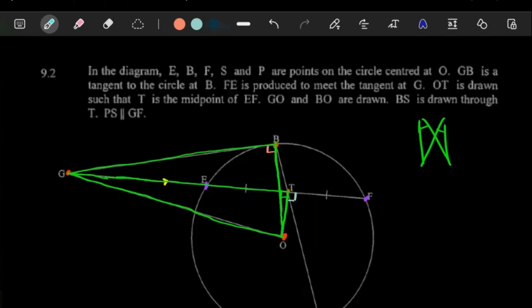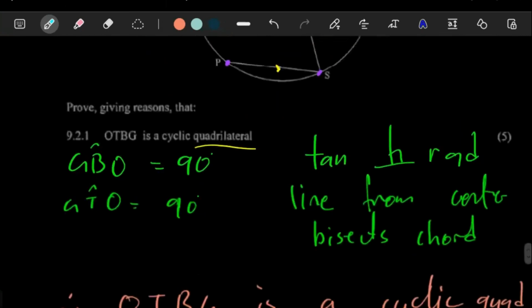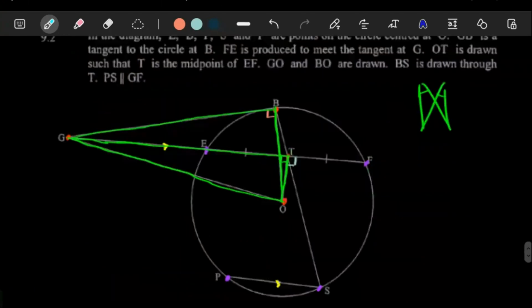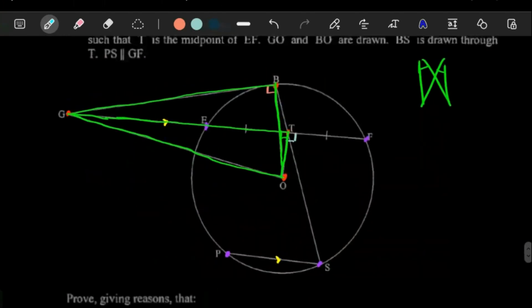So let's just carry on from here based on all this information that we have gathered. Now that we've proven that we're dealing with the cyclic quad, let's see if there's anything else. They said we should prove that GOB is equal to S. Where is GOB now?